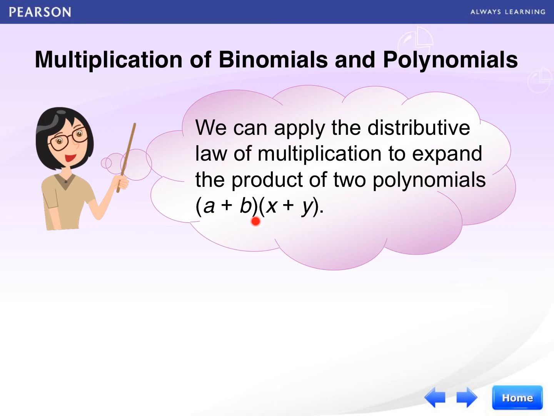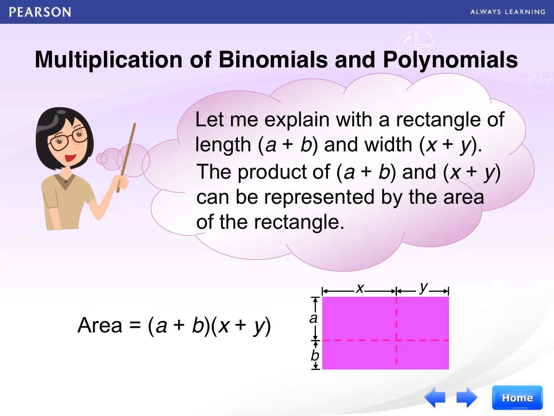We can actually apply the distributive law of multiplication to expand the product of two polynomials. Okay, it is a plus b times x plus y. They are binomials here. Look at this rectangle. The length is x plus y. The width is a plus b respectively. So the area is length times width, which becomes a plus b times x plus y.